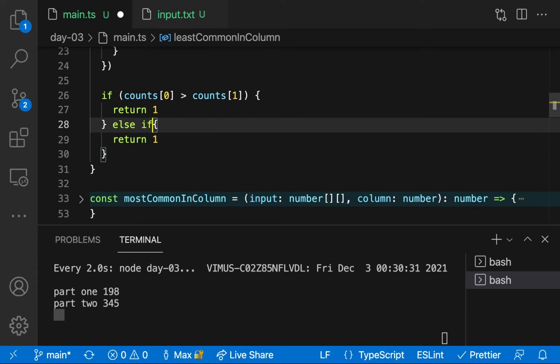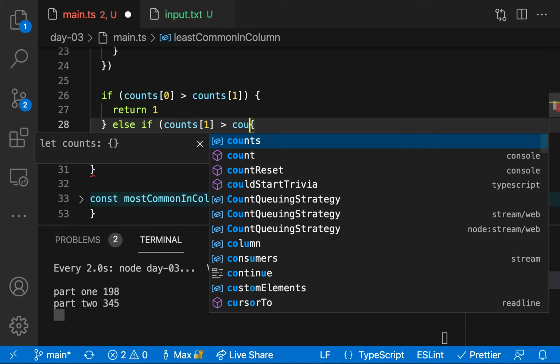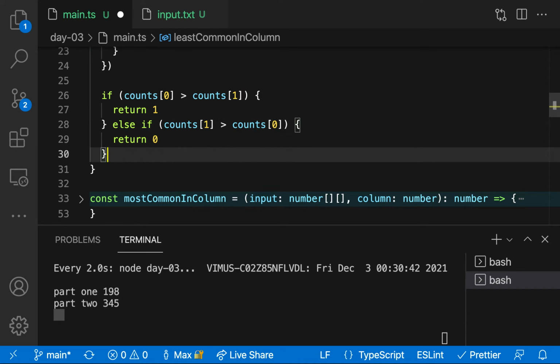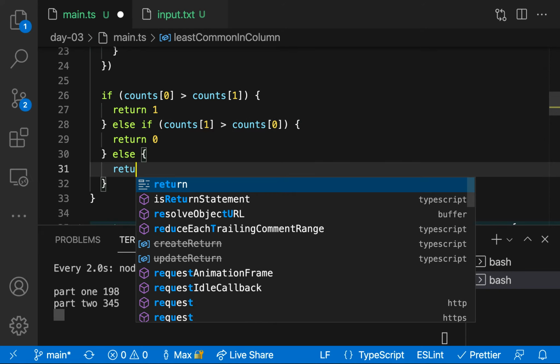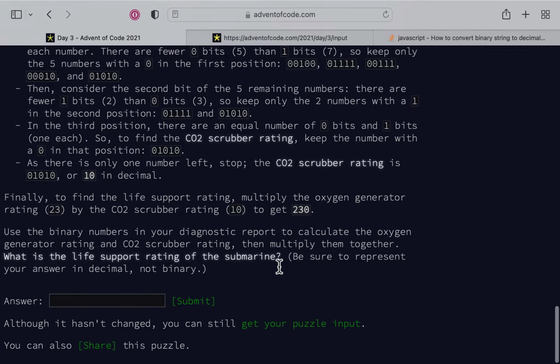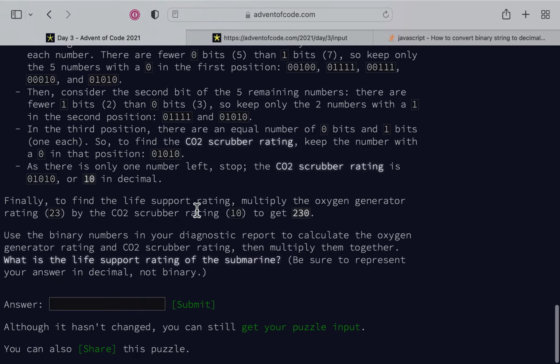So we'll say else if counts 1 is greater than counts 0, then we'll return 0, else return 0, something like this. So that gets us 184, which might not be the correct thing.